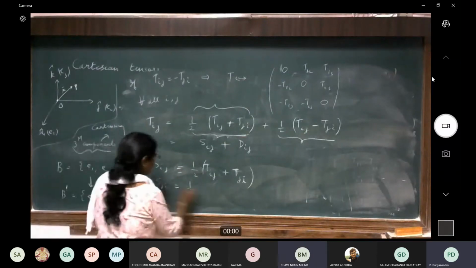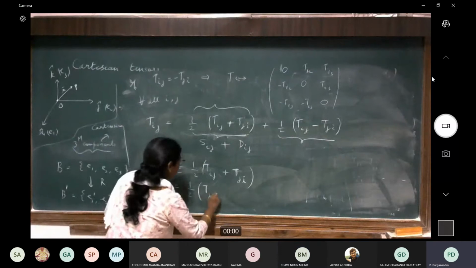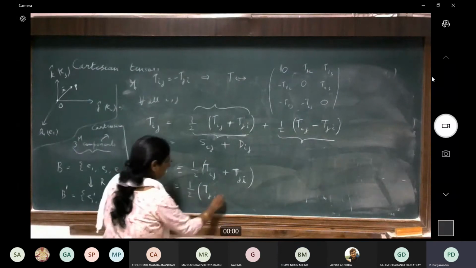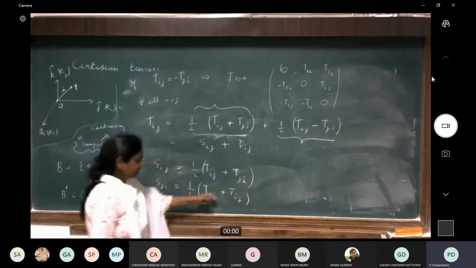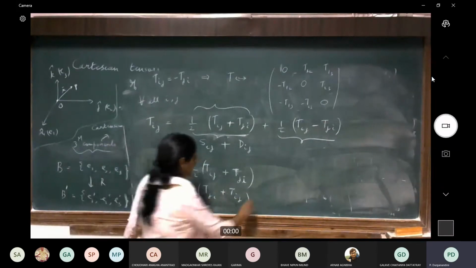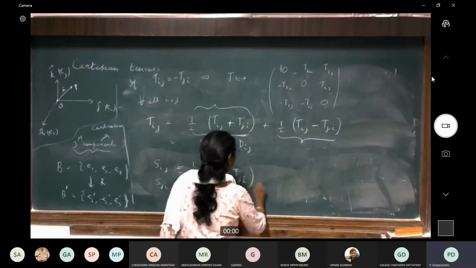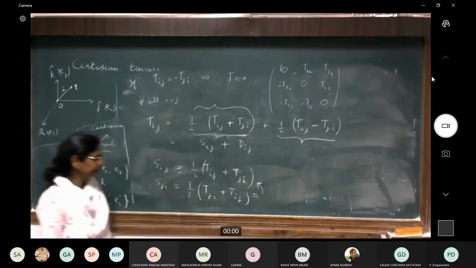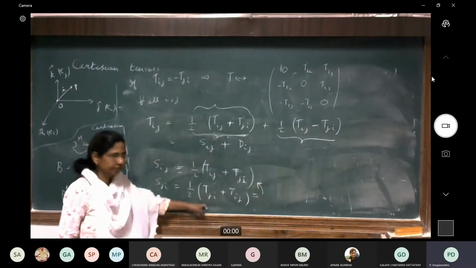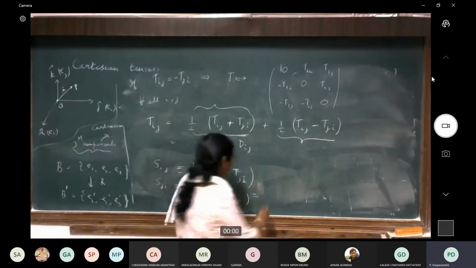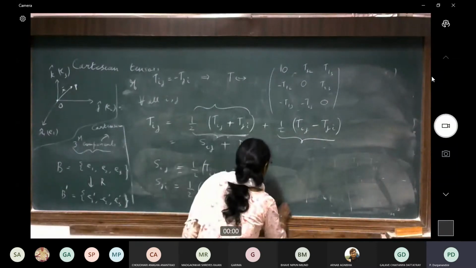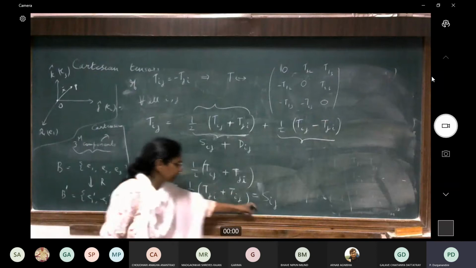You just use straightforwardly first subscript, then second subscript. But this is simply algebraic addition, so this is the same as this one. There's no difference, because I'm just adding the same real numbers, so it is nothing but equal to Sij. So your Sji is the same as Sij.